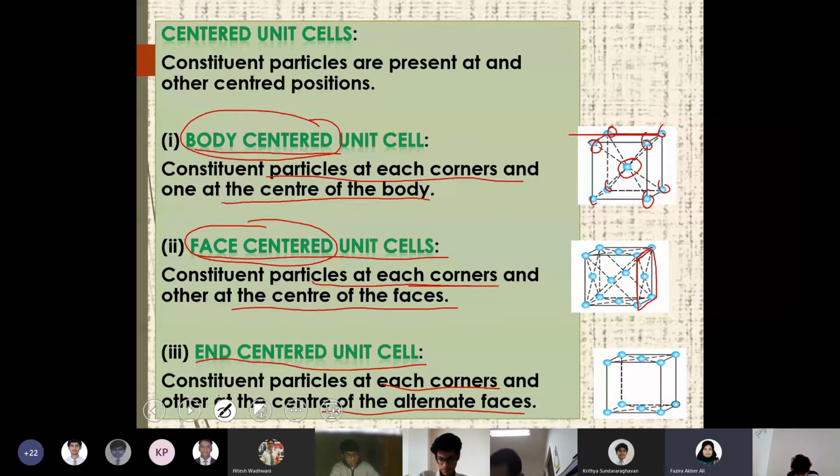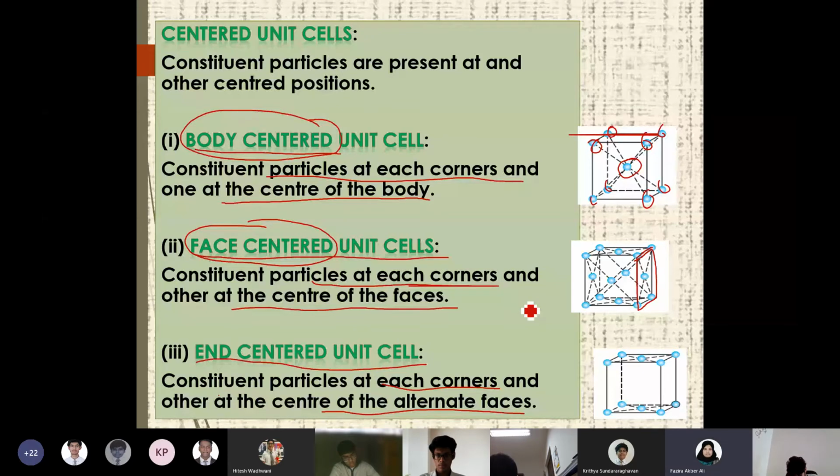That is the end of a cube, only at the 2 ends of a cube. That is why it is known as end-centered, because in the alternative faces, at the center, you will have a particle. So this is how the arrangement of centered unit cells works: body-centered, face-centered, and end-centered.